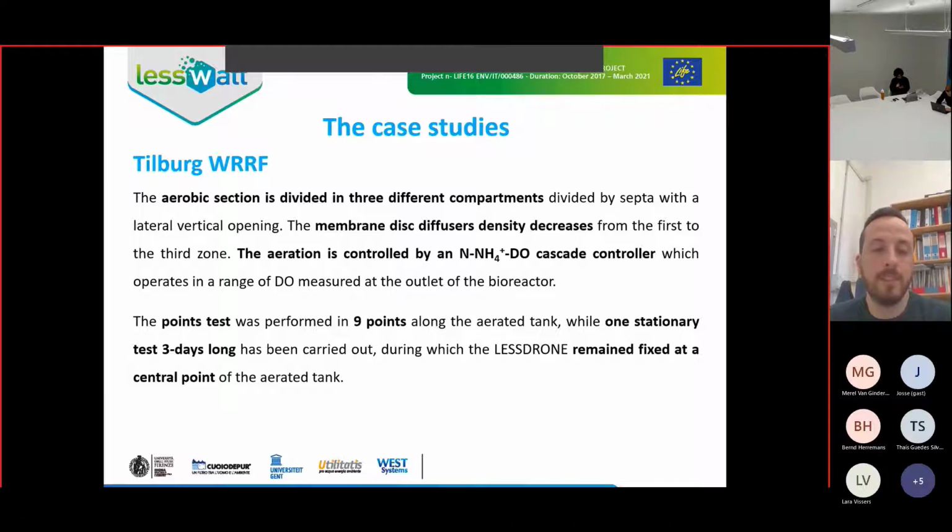About the point tests, we performed them in 9 points along the aerated tank, while 1 stationary test, 3 days long, was carried out, during which the LESSDRONE remained fixed in a central point of the aerated tank.